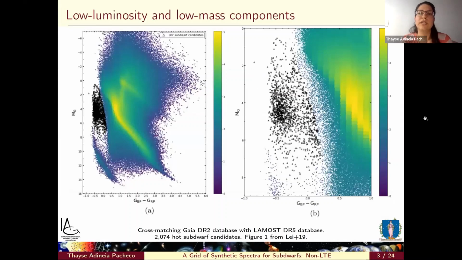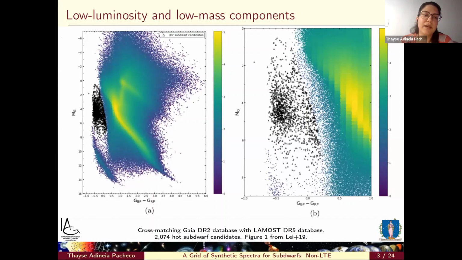Just to contextualize, subdwarfs are low luminosity and low mass components, which evolve from low to intermediate mass. This is a color magnitude diagram, which is a cross-matching of Gaia data release 2 with LAMOST data release 5 database. This is a figure from Lei and collaborators 2019.